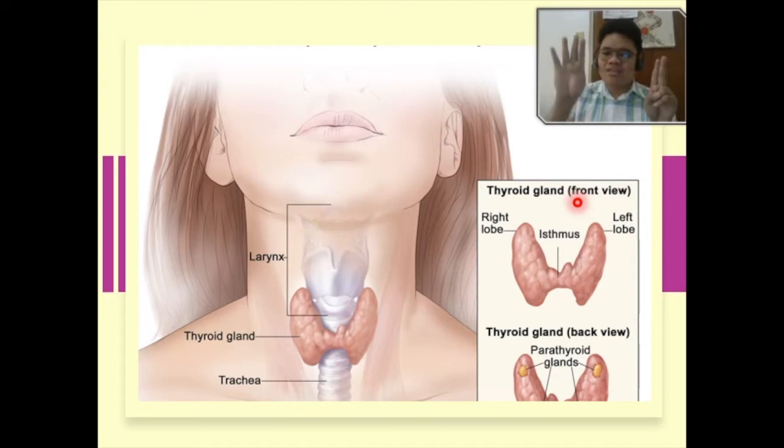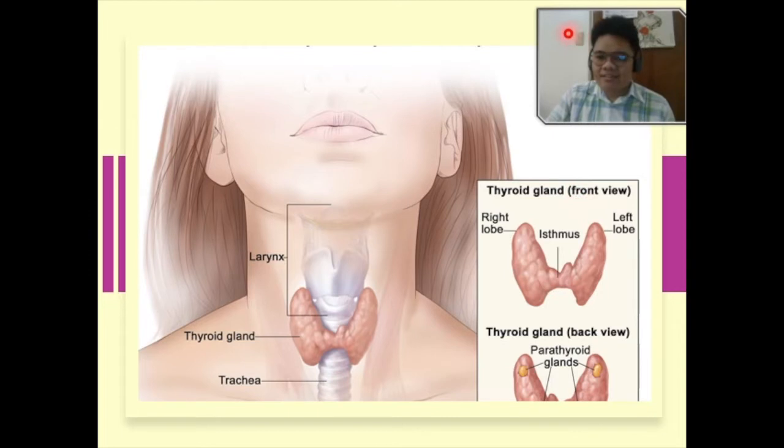Once the T3 and T4 levels are already increased, your TSH would be decreased in such a way that the production of T3 and T4 from the thyroid gland would also be decreased. Okay? Until they're balanced out. So class, that is your negative feedback mechanism.